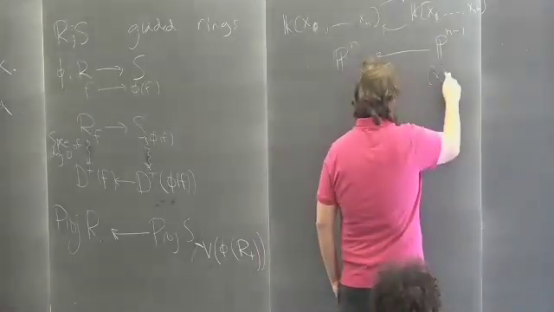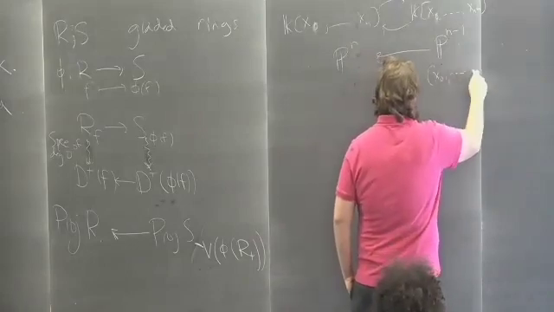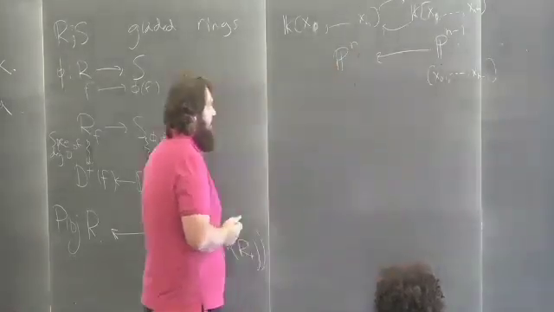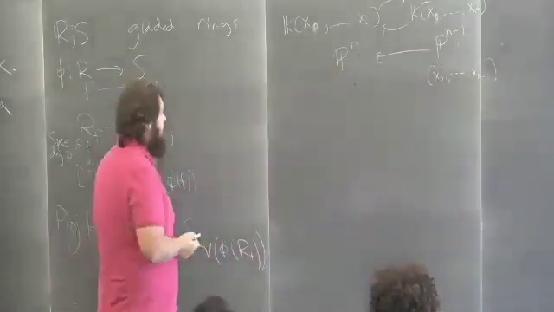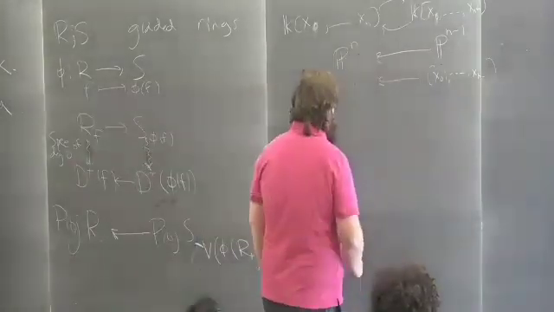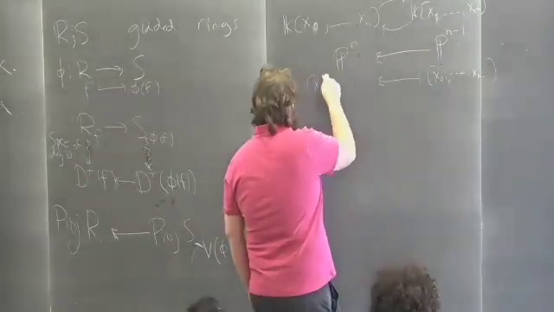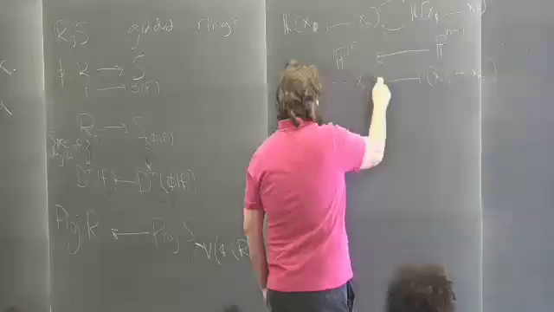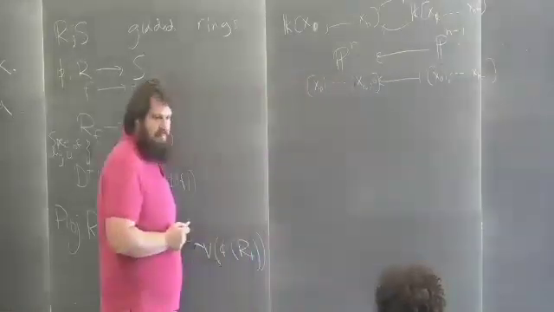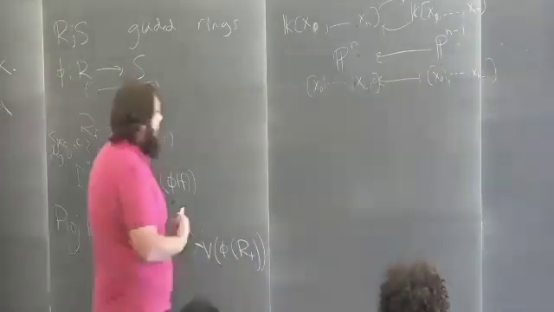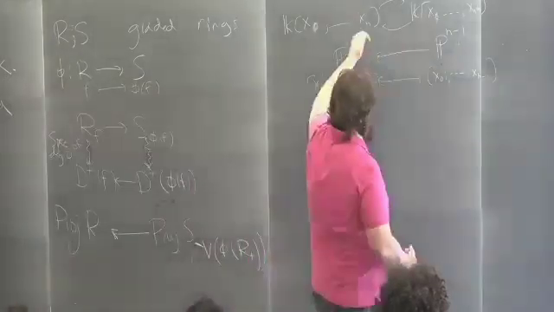So this is the map that takes a point x0 up to x_{n-1}, and I know that not all points of projective space actually have that form, but bear with me, and sends it to this guy. Just tack a 0 onto the end. And that's a perfectly well-defined morphism. The reason for that is if I take the pre-image of the irrelevant ideal here, I get the irrelevant ideal.